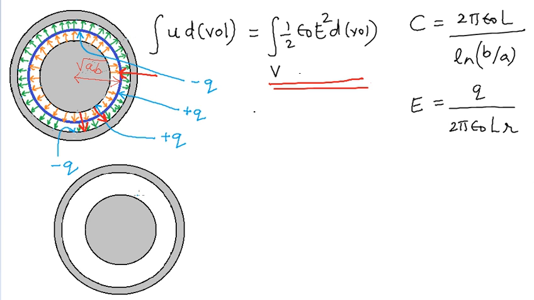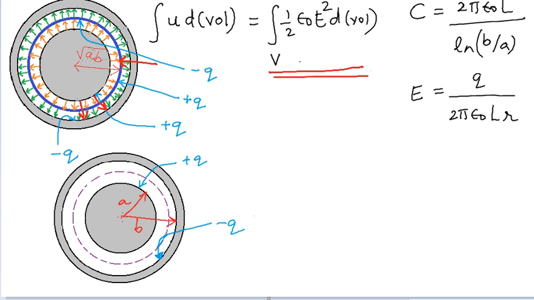So just to recall our original problem, we were given a cylinder of radius A which was made of a conductor and carried a charge of plus Q. Similarly, we were given a coaxial conducting cylindrical shell whose inner radius was B and which carried a charge of minus Q on its inner side, and we drew an imaginary coaxial cylinder of radius root of AB.